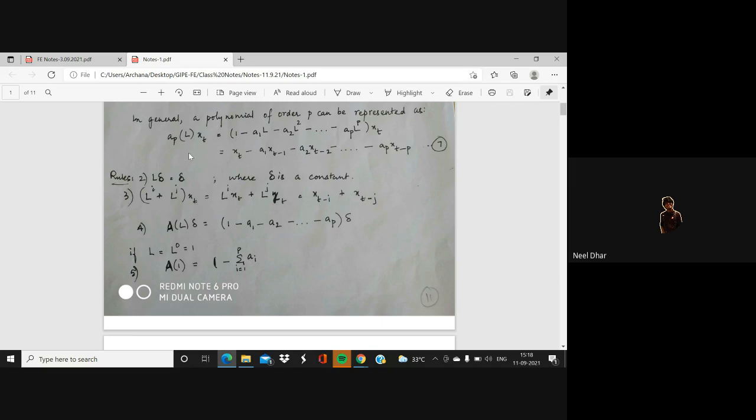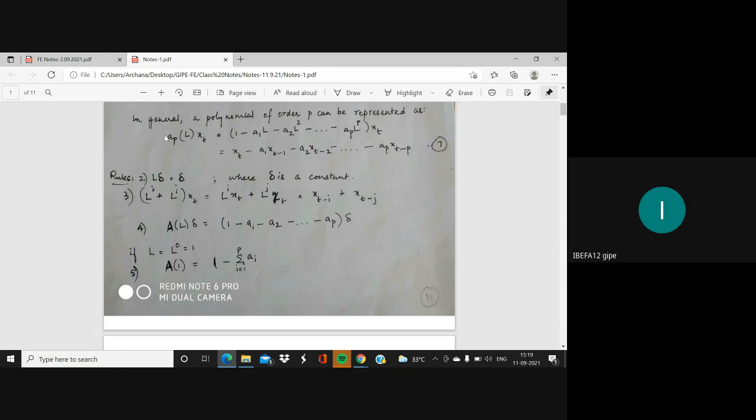See, when I'm writing this, if you look at only this part, it is denoting that you'll be taking the lags of xt. Now, when you're taking the lags, they'll be multiplied by these autoregressive coefficients. So this term is indicating that there are p such autoregressive coefficients. Now, if p is equal to 2, you will have a second order autoregressive process where there will be xt and 2 lags of xt.